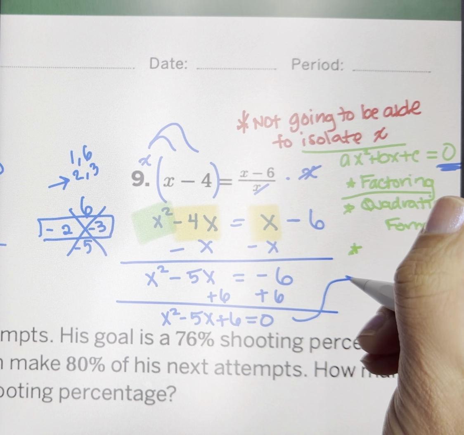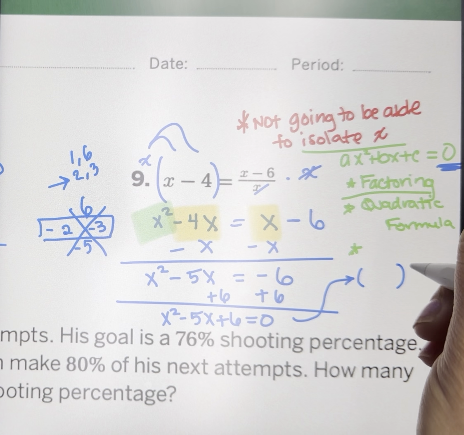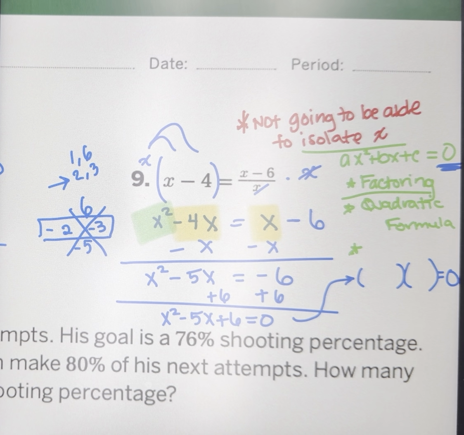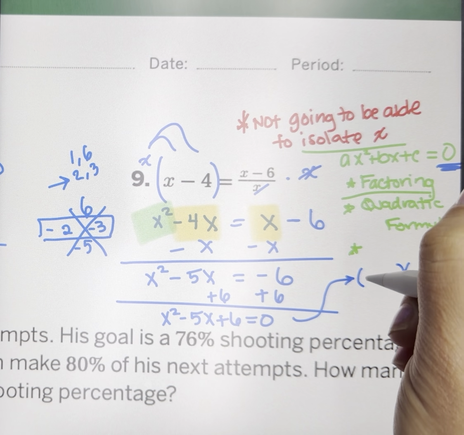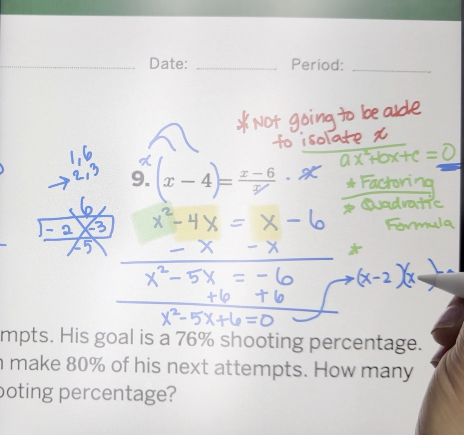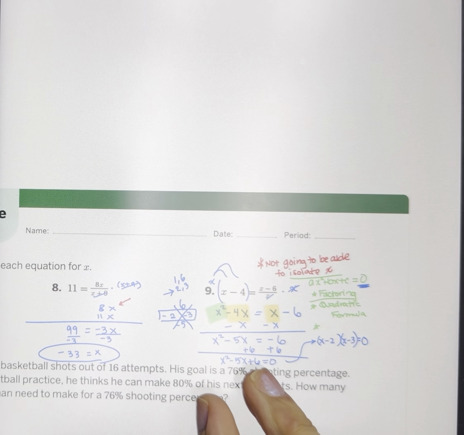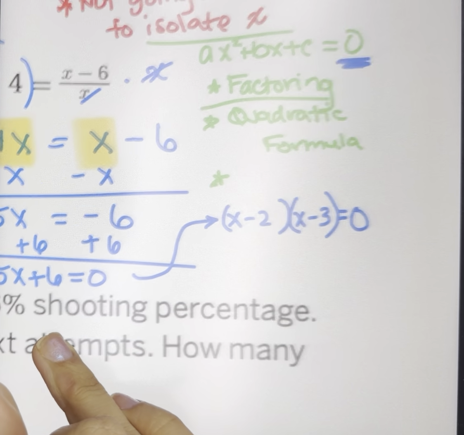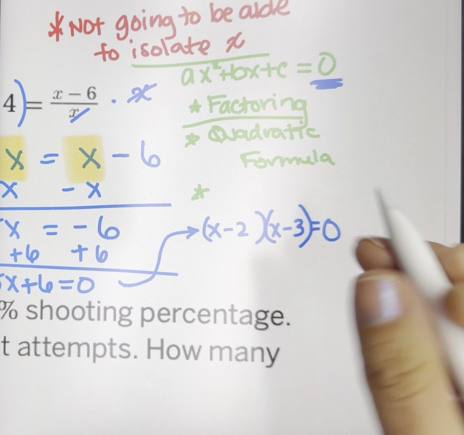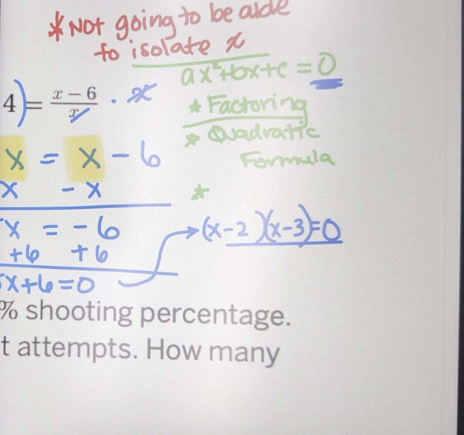So I'm going to take this right over here, and make my 2 sets of parentheses. And this is going to be x minus 2, x minus 3. Okay? And now I need to see what makes this equal 0.